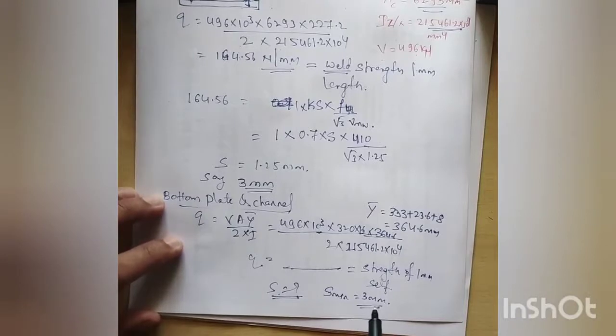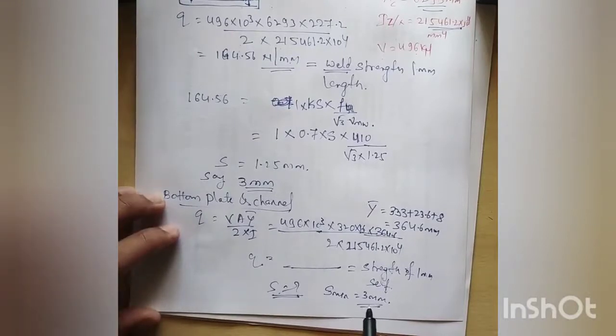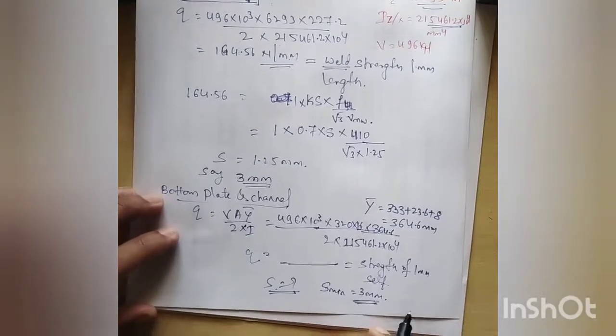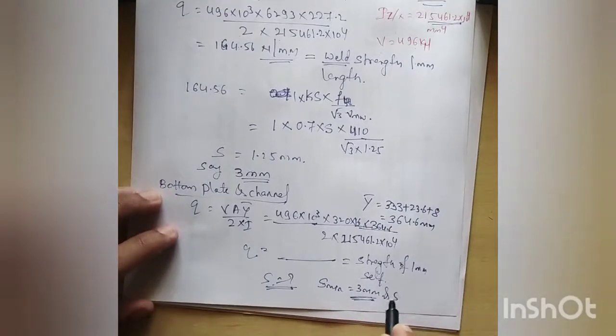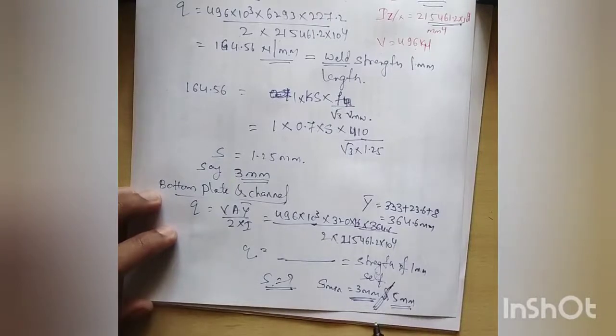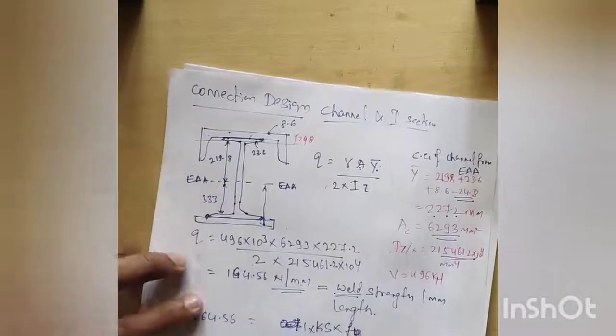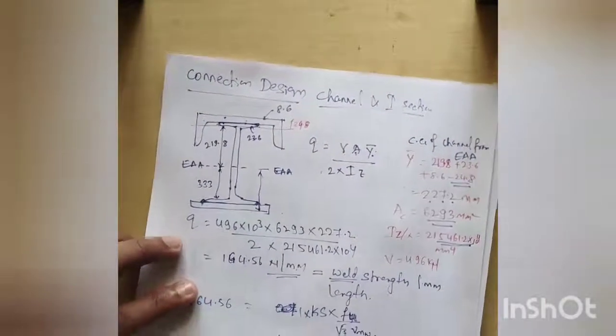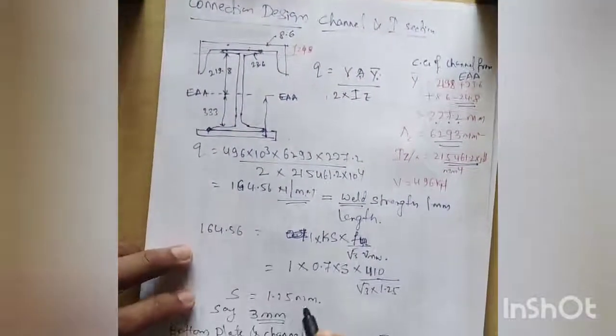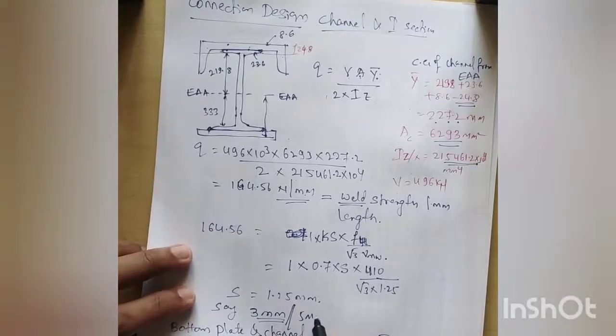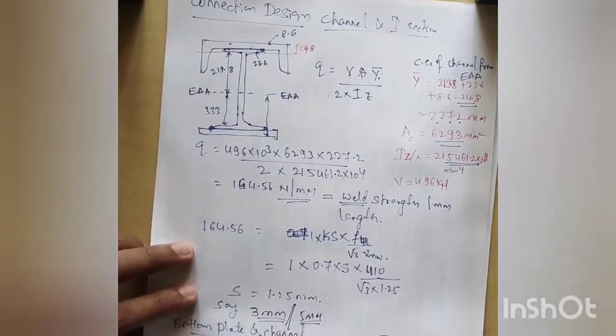Probably we have to check as per IS 800 whether it is 3 mm or 5 mm. So here also at the top, based on the minimum thickness of the weld, either 3 mm or 5 mm thickness of the weld has to be provided.